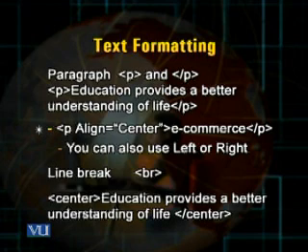Then I put its value as center, and then I have enclosed the word e-commerce. The attribute align may have the values center, left or right. These are the prescribed values. You can choose among these values. So when I put align's value as center, the word e-commerce would automatically be displayed in the center of the browser window.